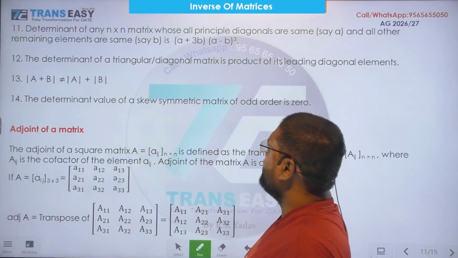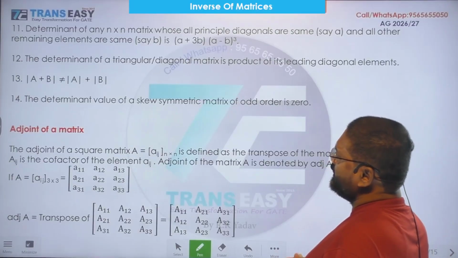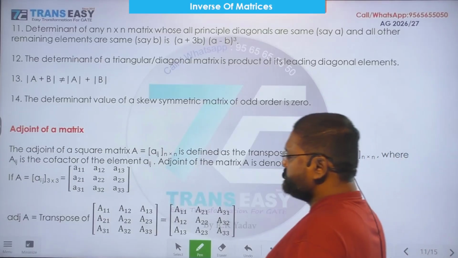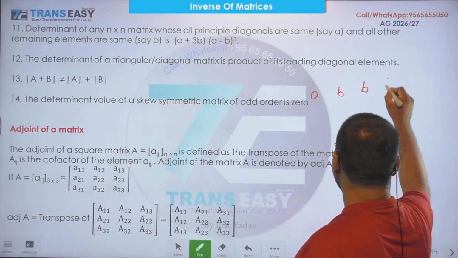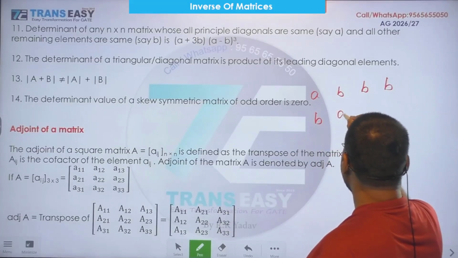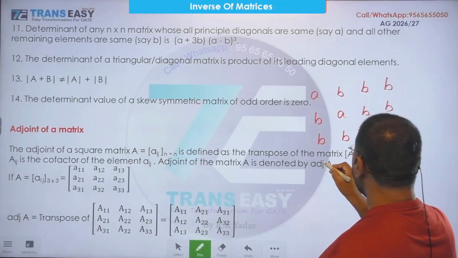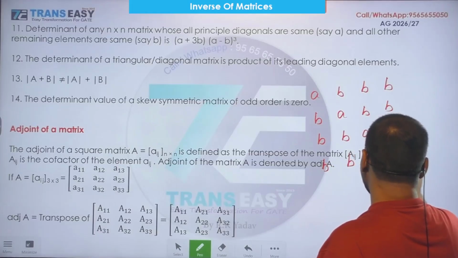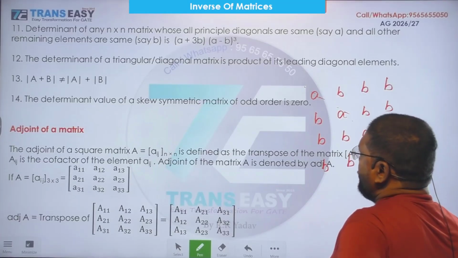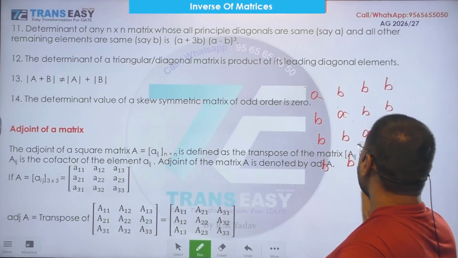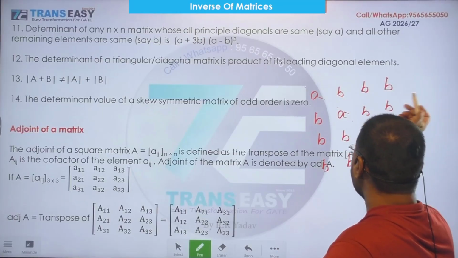Determinant of any n into n matrix whose all principal diagonal elements are same, say A, and all other remaining elements are same, say B. Dear students, A, B, B, B, B, A, B, B, B, B, A, B, B, B, B, A. All principal diagonal elements are same, say A, and all off-diagonal elements are same, say B. Right?